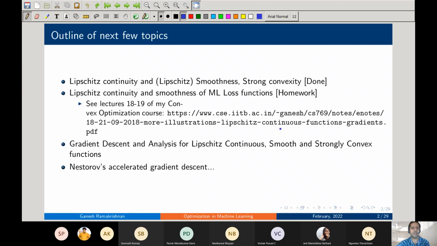So in this outline, we will conclude our discussion on the homework problems. And then you can look at my detailed convex optimization course where I have more illustrations for Lipschitz continuous functions and gradients. However, we will move on to gradient descent and analysis for Lipschitz continuous, smooth and strongly convex functions.